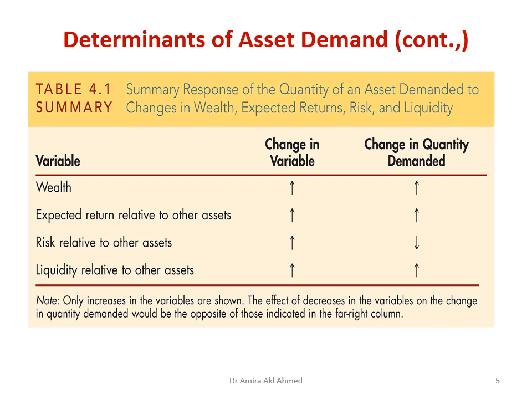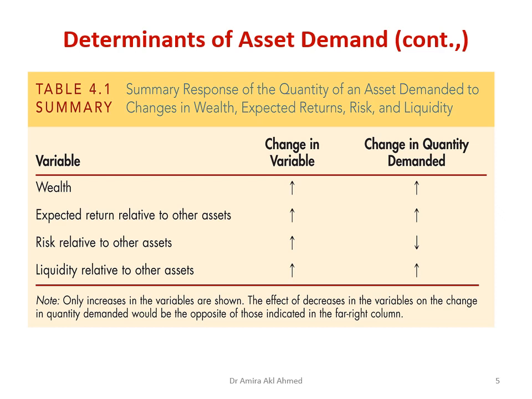With regard to wealth, holding everything else constant, an increase in wealth raises the quantity demanded of an asset and vice versa. Concerning expected return, holding everything else unchanged, an increase in an asset's expected return relative to that of an alternative asset raises the quantity demanded of the asset and vice versa.